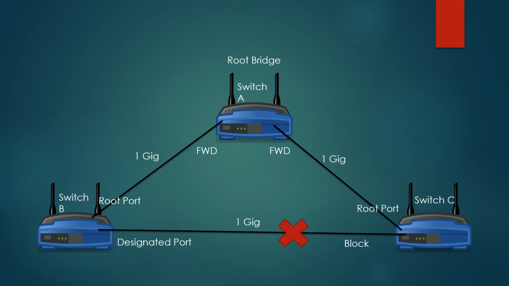This is a little example of what that would look like. So basically, the blocked port goes away, the information would go from switch A to switch C to the root port, and then that blocked port will turn into a designated port, which will then send information to switch B.